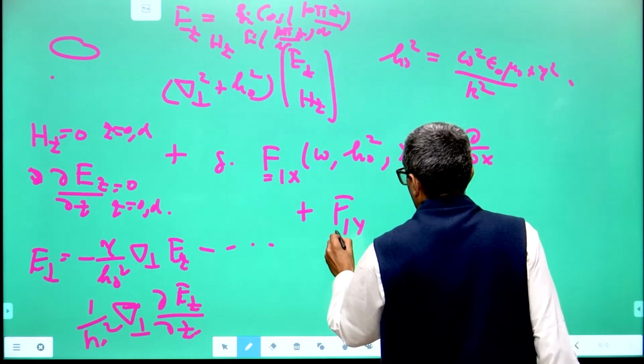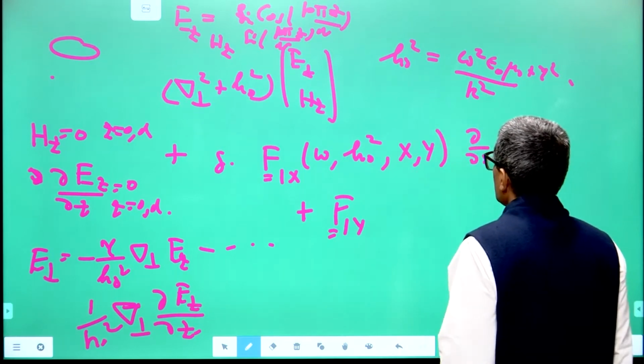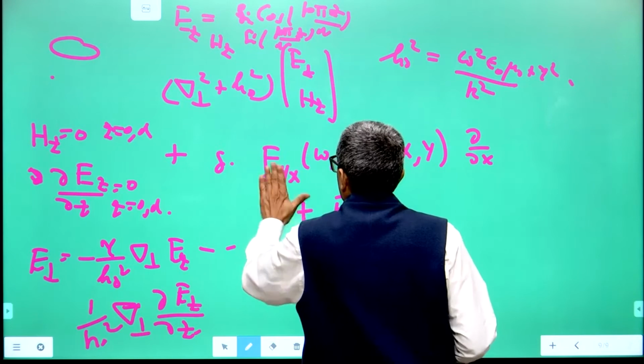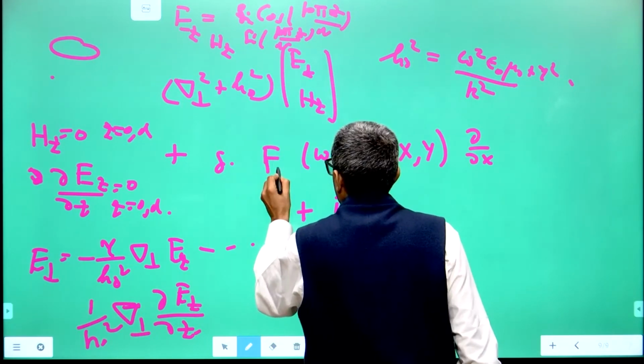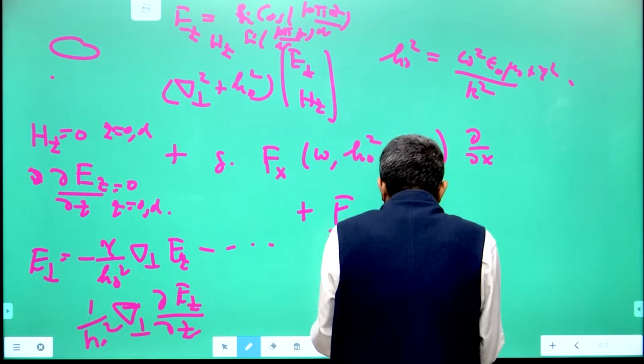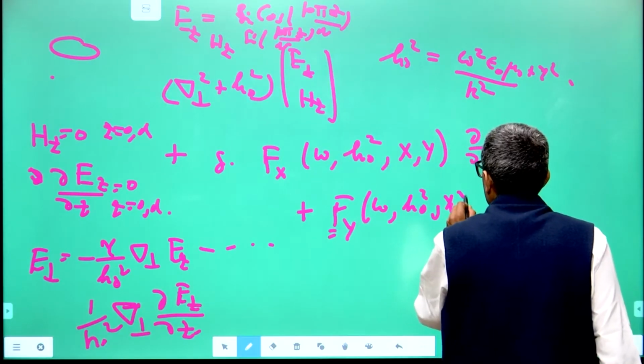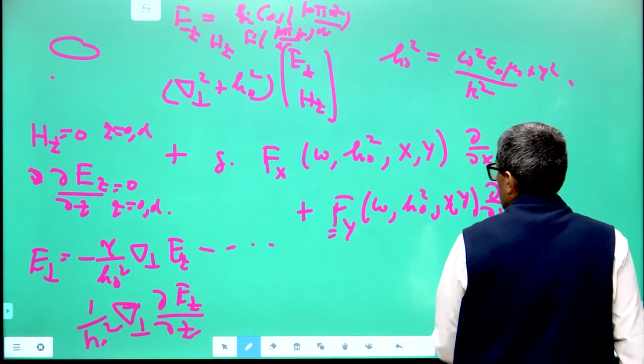It's a 2 cross 2 matrix. Let us call this as fx instead of f1x, it is not needed. Okay, it is fx, fy. Okay, this is fy, omega h naught square xy into ∂/∂y.